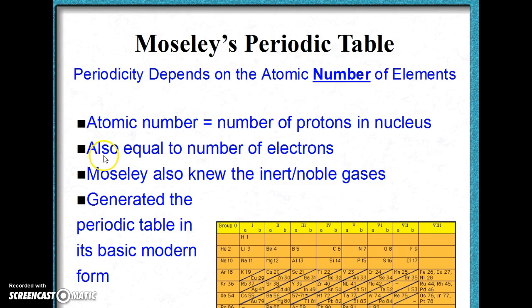Also, in a neutral element, the number of protons and electrons are the same. Moseley, however, knew the inert or noble gases. He called that group 0 here, and so he generated the periodic table in its basic modern form.